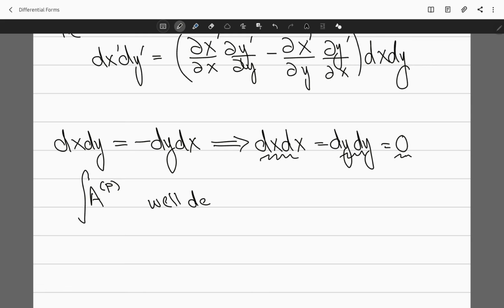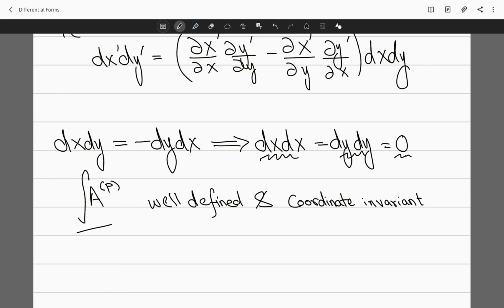Yeah, it's an integration, right? So this integral is well defined and coordinate invariant, which is exactly what we said in the beginning of this lecture. And what I said was that these differential forms provide us a method for constructing coordinate invariant expressions, and so that is what we just found out.